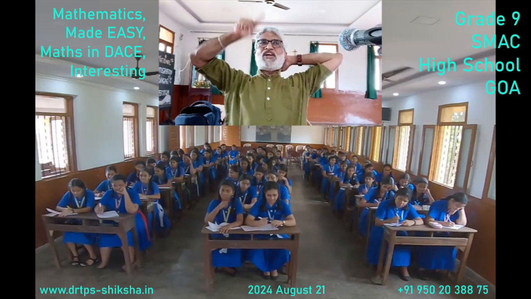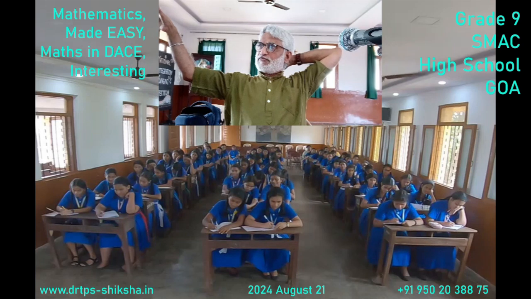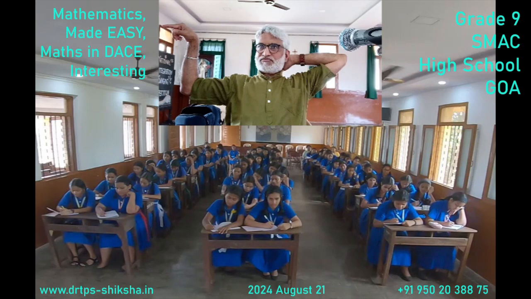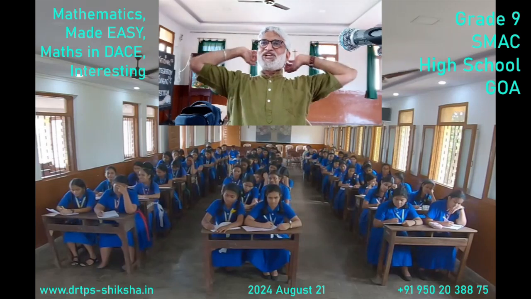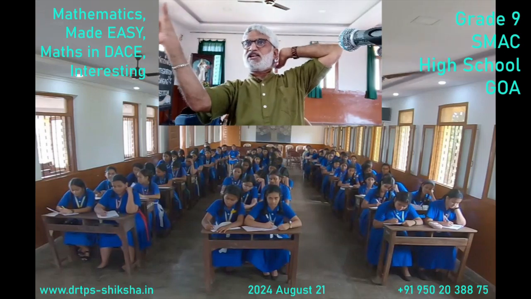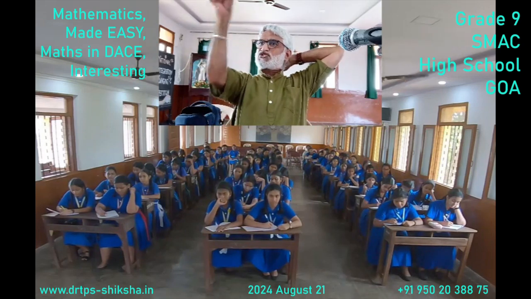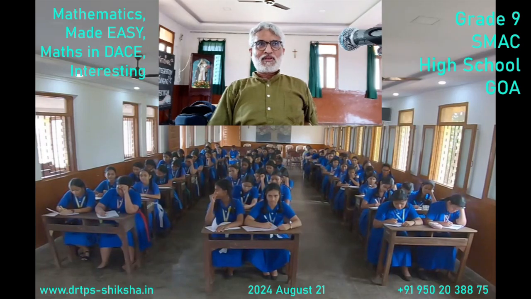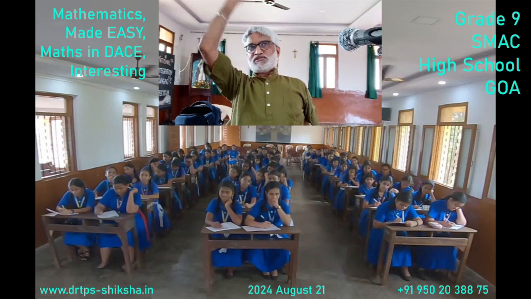Now write 5 square. How much? 15 square. 225. 25 square. 625. 35 square. 2025. No. I want somebody to tell me I am wrong.